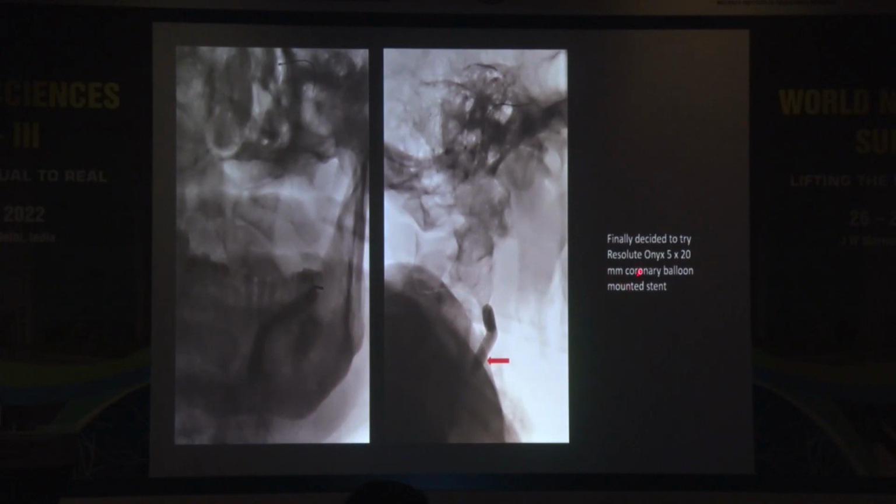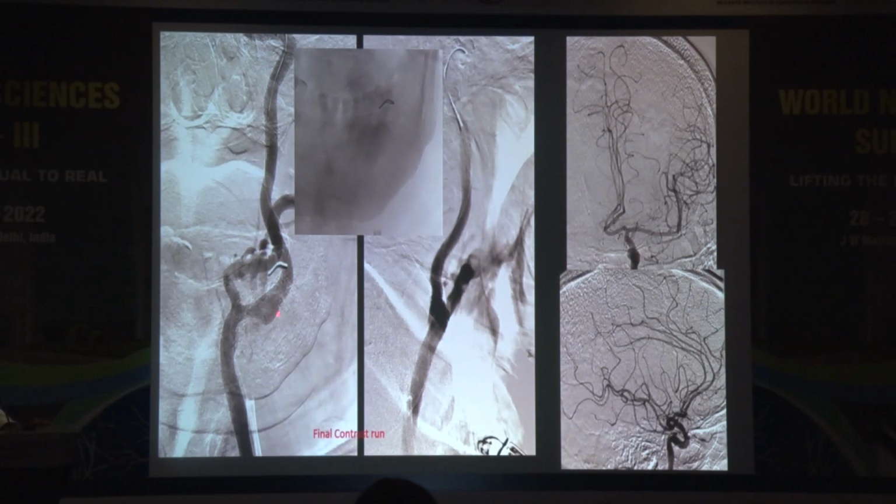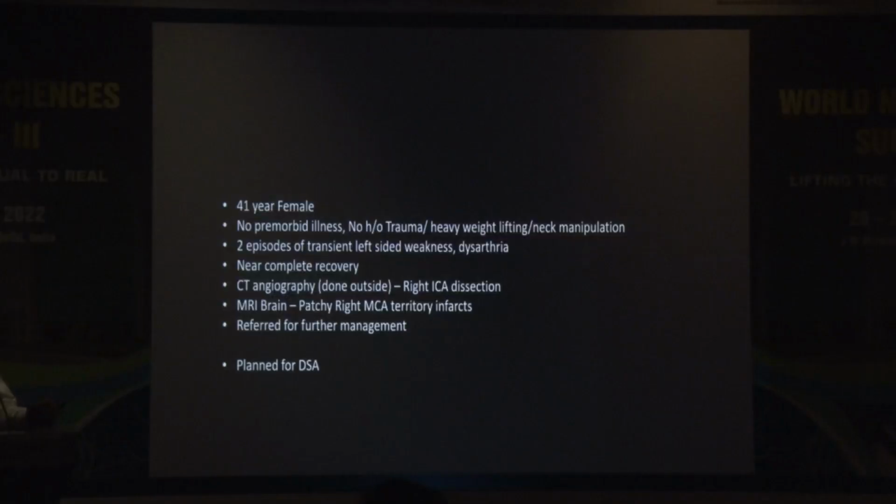So we used a coronary balloon-mounted stent there to open up the artery, and that sort of did the trick because the patient didn't need 100% lumen. We could open it to a good 70%, leaving 30% residual stenosis, but that was good enough for these patients to have good circulation and perfusion. So sometimes just thinking out of the box and using a different technology may help you.